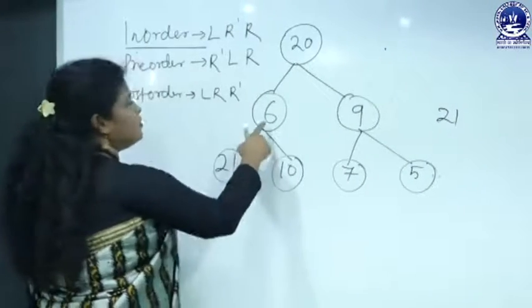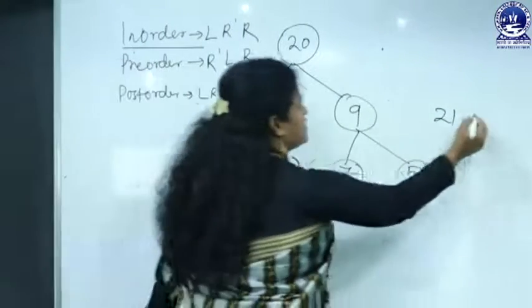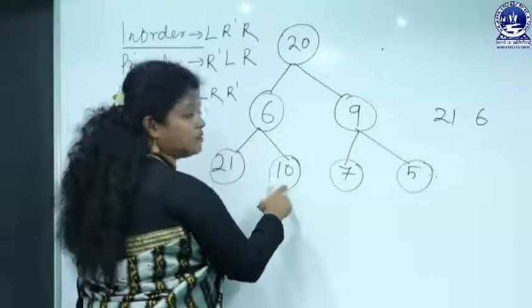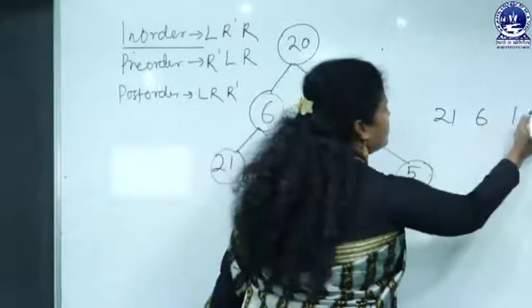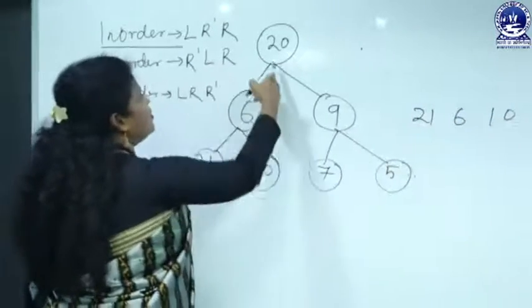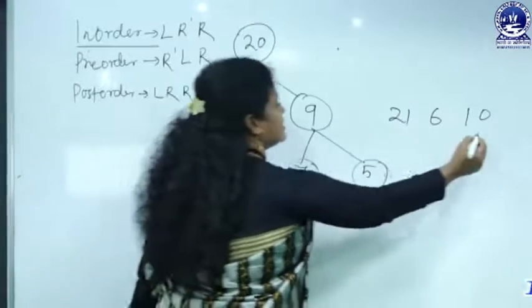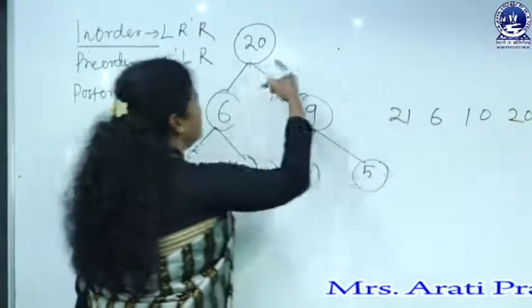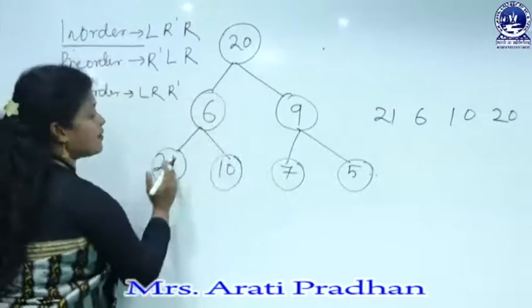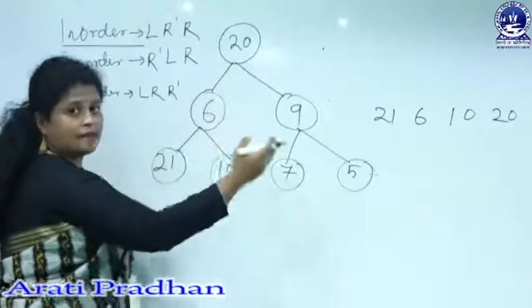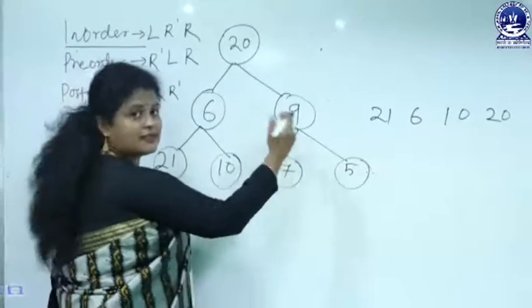Then we will move back to this point, this is 6, then we will go to this part and we will get output 10. Then we will move to this part, this is 20, which means the left part and root are complete. Now we will move towards the right.